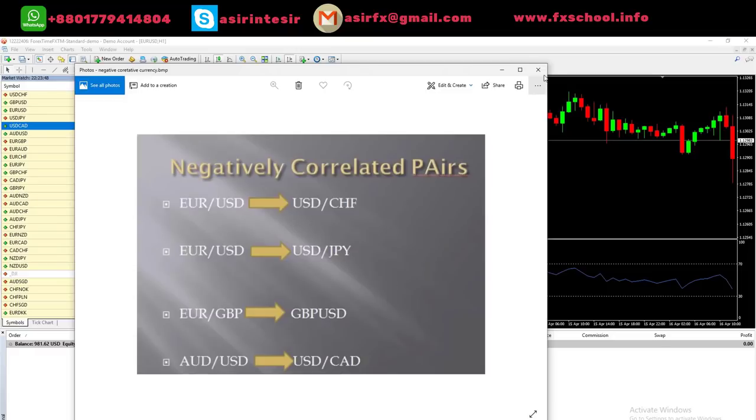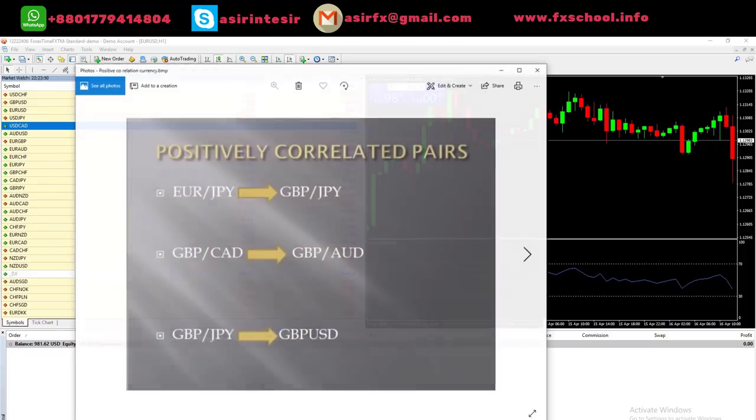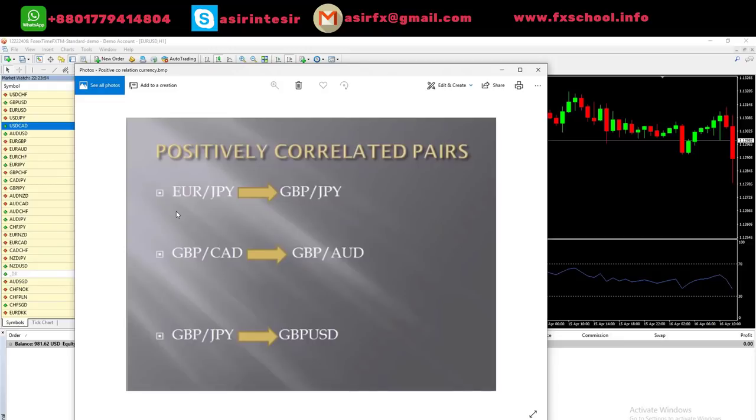And now I am showing you the positive correlated pairs. Here, EUR/JPY and GBP/JPY are positive correlated currencies. If EUR/JPY goes up, the GBP/JPY market will also go up.